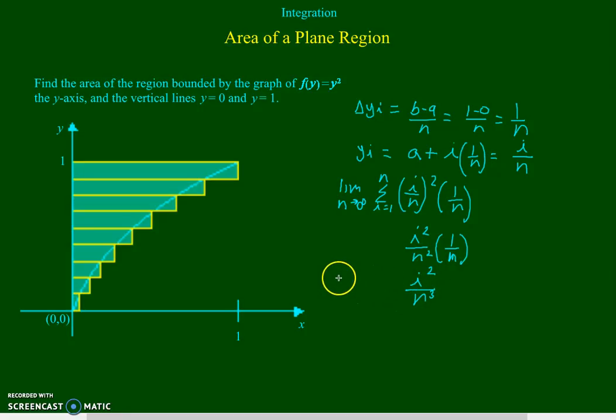And here we're going to take our limit as n approaches infinity, and the sum is carried through to the sum of i equals 1 to n of this. Now, as usual, we can pull out the n term, so it's 1 over n to the third times the sum of i equals 1 to n of i squared, and that limit is carried through.